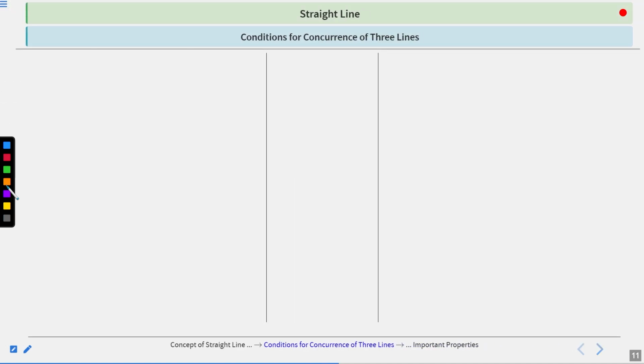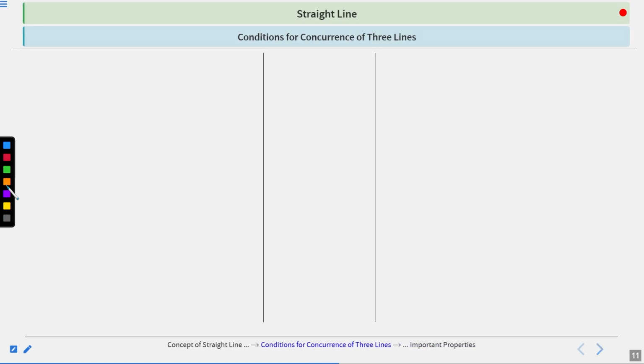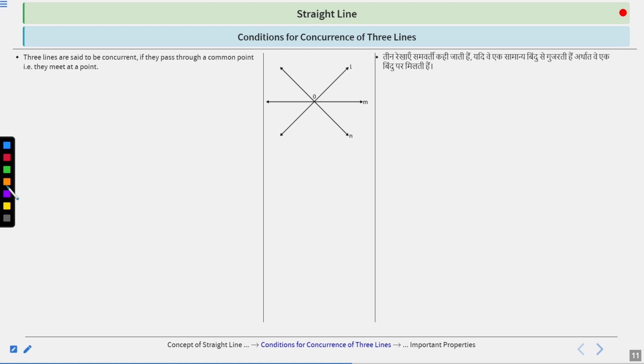Now the condition of concurrence of three lines. Three lines are said to be concurrent if they pass through a common point, that is, they meet at a point. If three lines are concurrent, then the point of intersection of two lines lies on the third line.